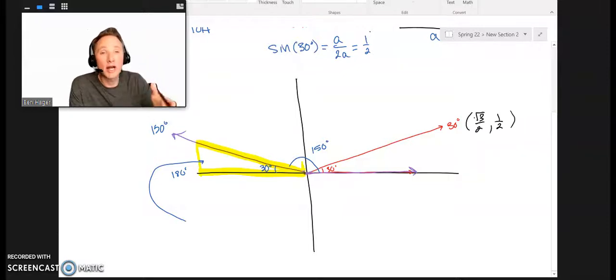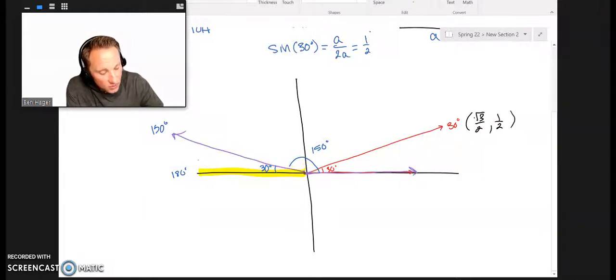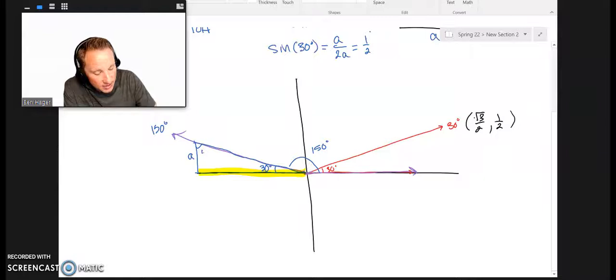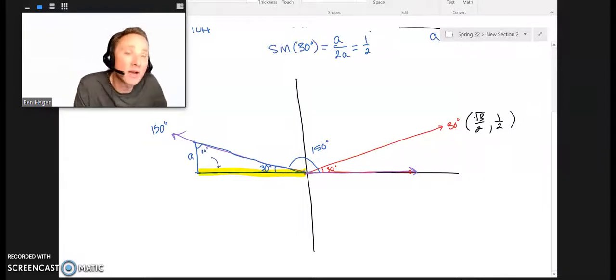If I draw a triangle incorporating the axes, it creates a 30, 60, 90 triangle. All right. Well, let's take a look at that triangle we just drew. Opposite the 30 we know is A. That makes this little guy up here 60. Opposite the 60-degree angle should be a radical 3.